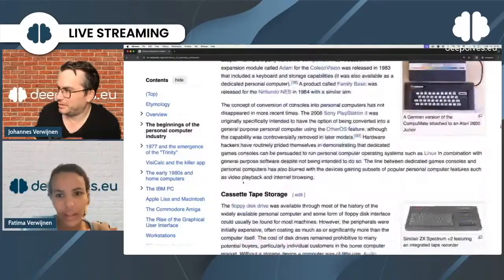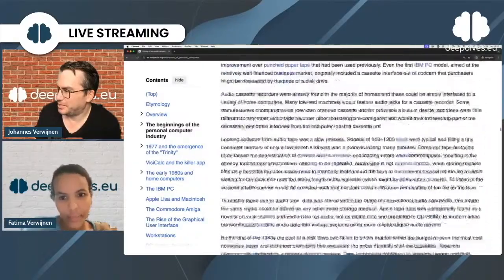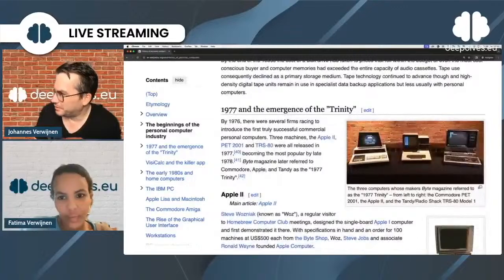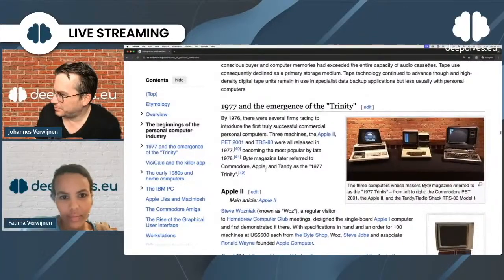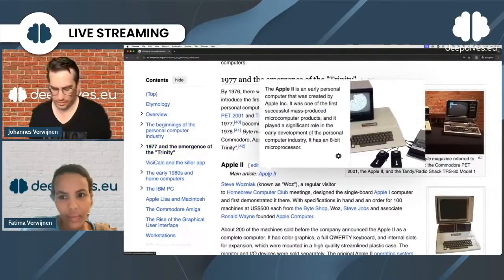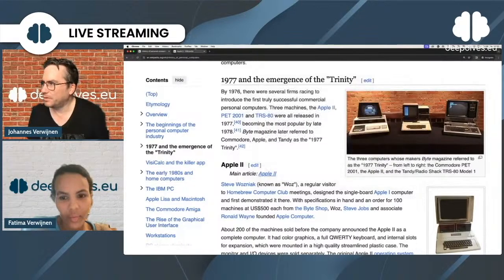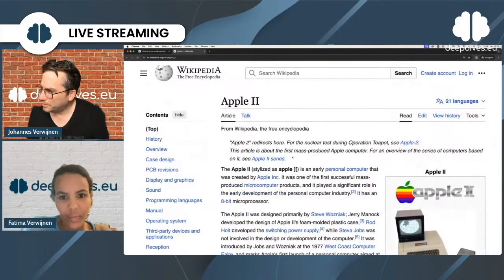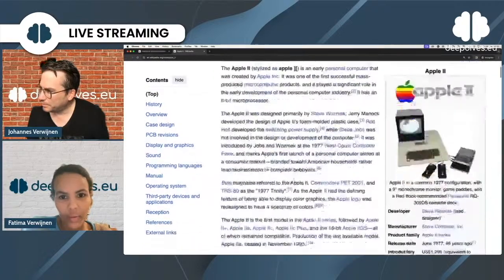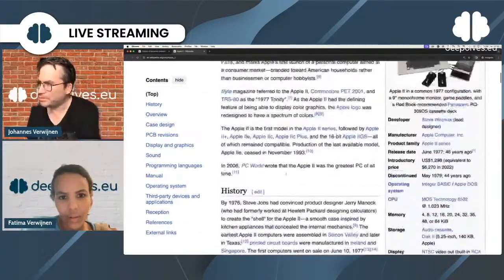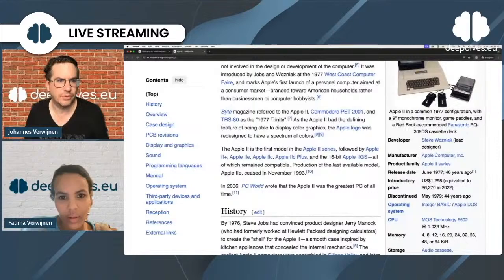What did it look like? ZX Spectrum. So this is the Trinity that came out. This is the Apple II already. So let's go back one step to Apple One. Yeah, we have to. This is where we had a good picture of those two.